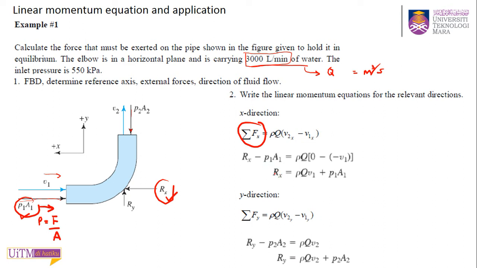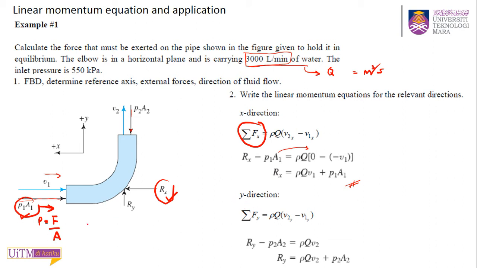Okay, and you rearrange the equation to get your resultant force in x. Bring this P1A1 to the right hand side, you will get rho Q times V1 because this is positive, plus P1 times A1. So this is your linear momentum equation in the x direction. Finish that one. Do the y direction, same thing.